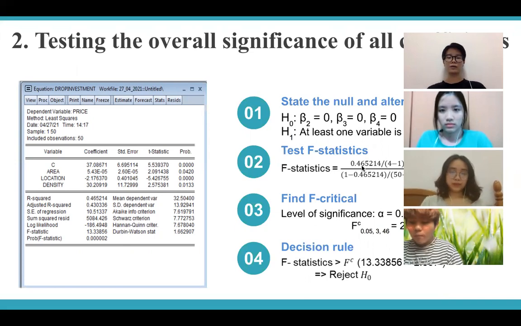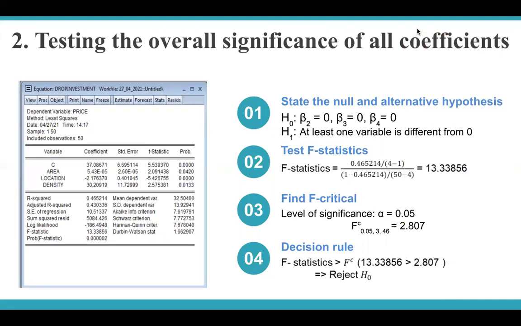And we calculate the F statistic equal to 13.33856 and find the F critical value equal to 2.807 when level of significance is 0.05. As a result, we have the decision rule: reject H0 when the F statistic is larger than the F critical value. So there is enough evidence to conclude that at least one variable is different from 0.